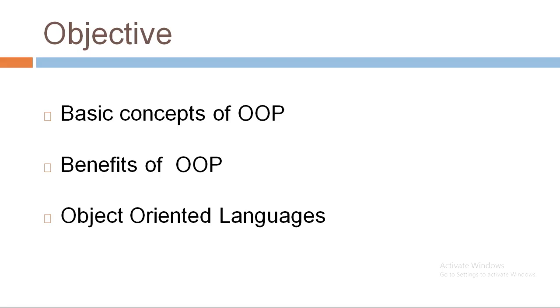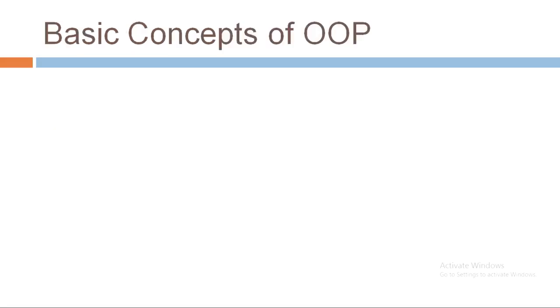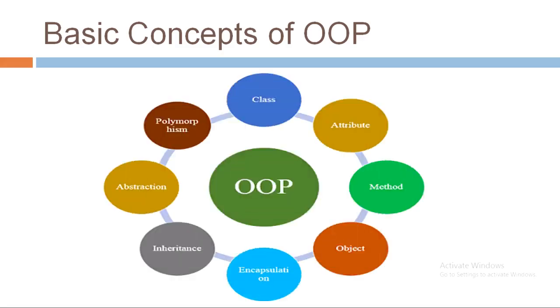So let's start. The objective of today's session is to know about basic concepts of object-oriented programming, benefits of object-oriented programming and object-oriented languages. So let's start with the first topic, basic concepts of object-oriented programming. This one is the figure.